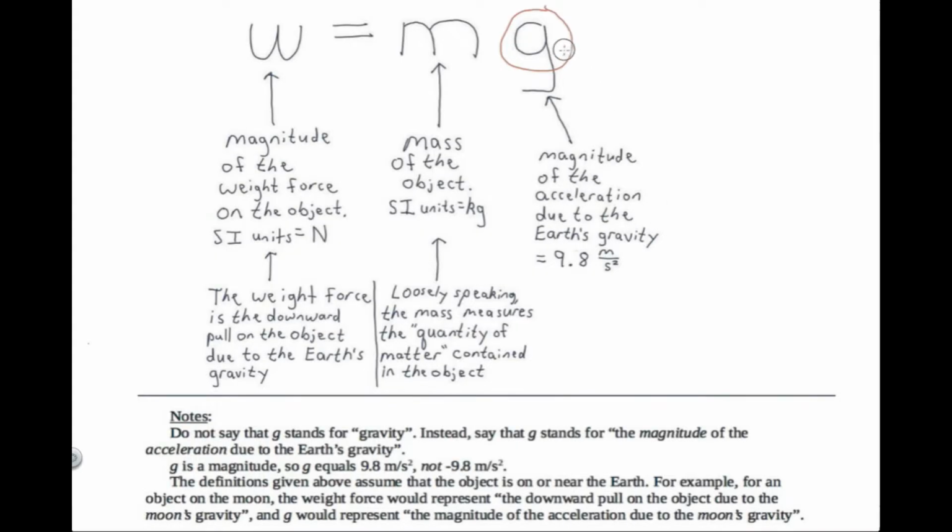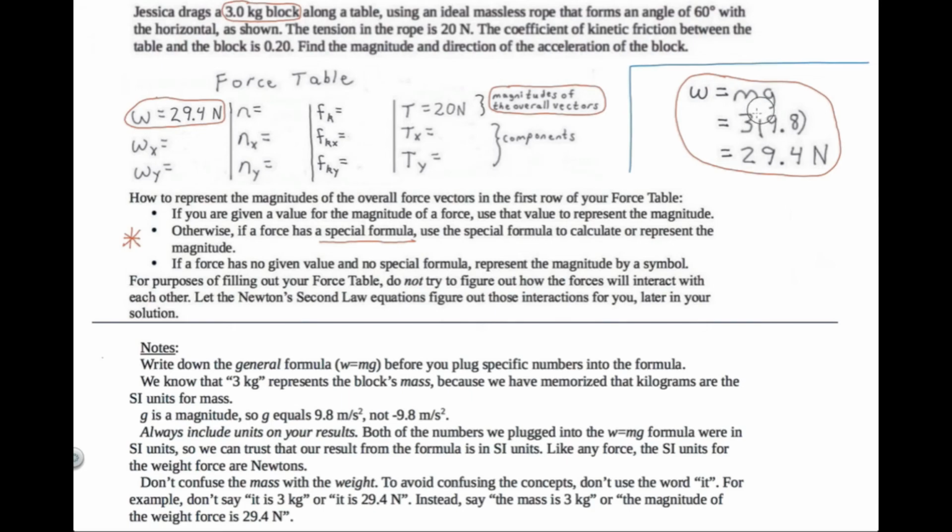Little g is a physical constant equal to 9.8 meters per second squared. The problem tells us that the block's mass is 3 kilograms. For little g, we substitute 9.8 meters per second squared. Then we can calculate that the magnitude of the weight force is 29.4 newtons. We write that result here in the first row of our force table.